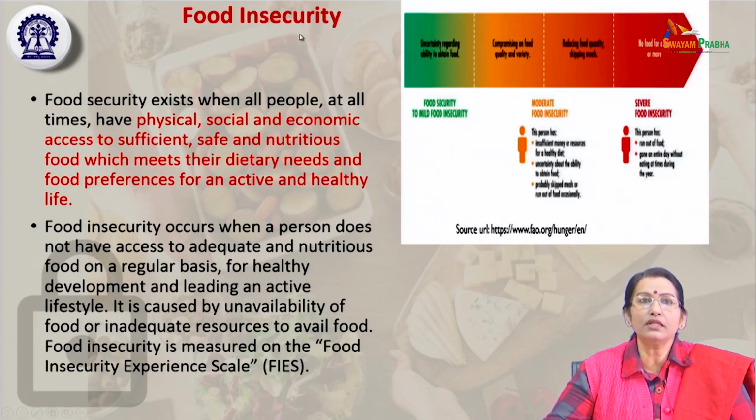Let us discuss what is food insecurity. Here we are talking about food security, but before that we must know what food insecurity is. The basic definition of food insecurity is that people do not have the physical, social, or economic access to sufficient, safe and nutritious food which meets their dietary needs and food preferences for an active and healthy life.